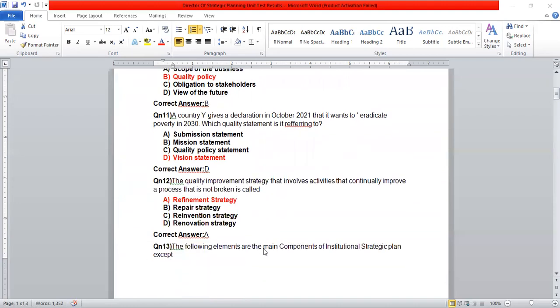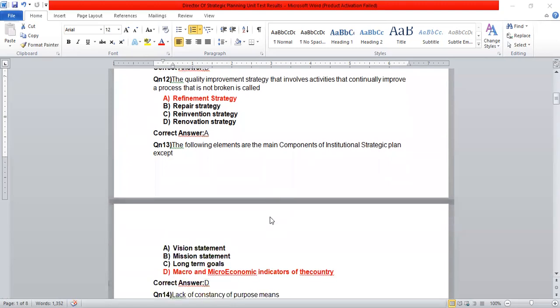Question 12. The quality improvement strategy that involves activity that continually improves a process that is not broken is called a refinement strategy. Question 13. The following elements are the main components of an institutional strategic plan, except.